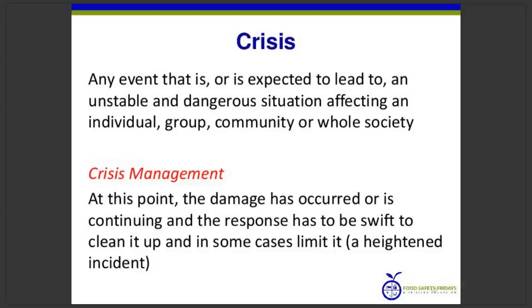This is the heightened incident level, called crisis management. So we start with the risk, then the incident, and finally the crisis. These are three key categories for how to deal with any incident in the organization itself.